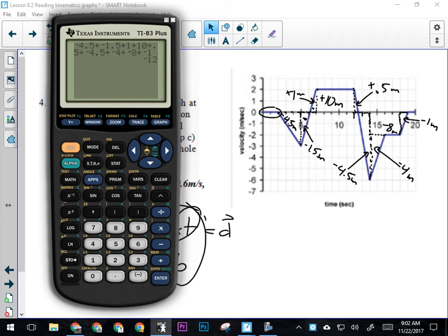All right. So the total displacement is negative 12 meters, right? We did spend quite a bit more time going backwards according to this graph than we did going forward. So it makes sense that we should have a negative displacement. Jake, question?